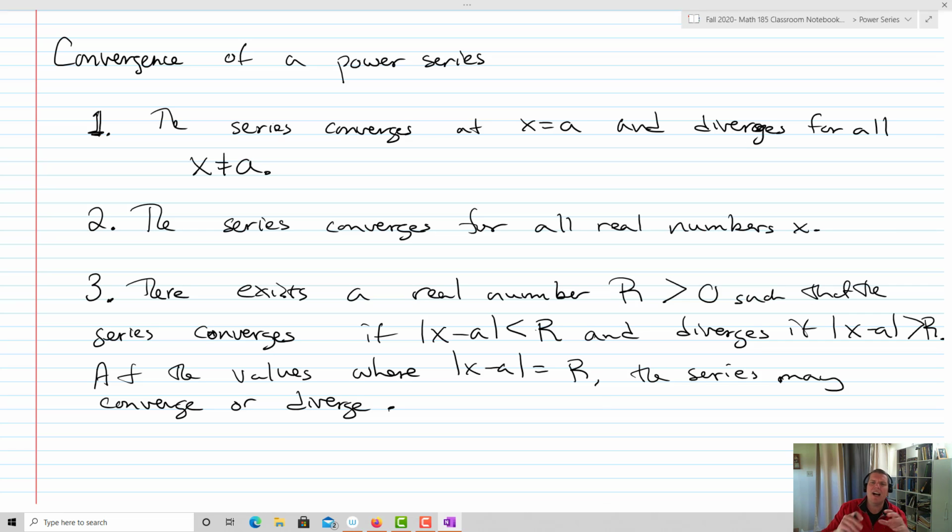That's going to dictate for us for what values of x we get a convergent series, and for what values of x we get a divergent series. The remainder of this lecture is about how we determine what that interval is, what those values of x are that give us a convergent power series.